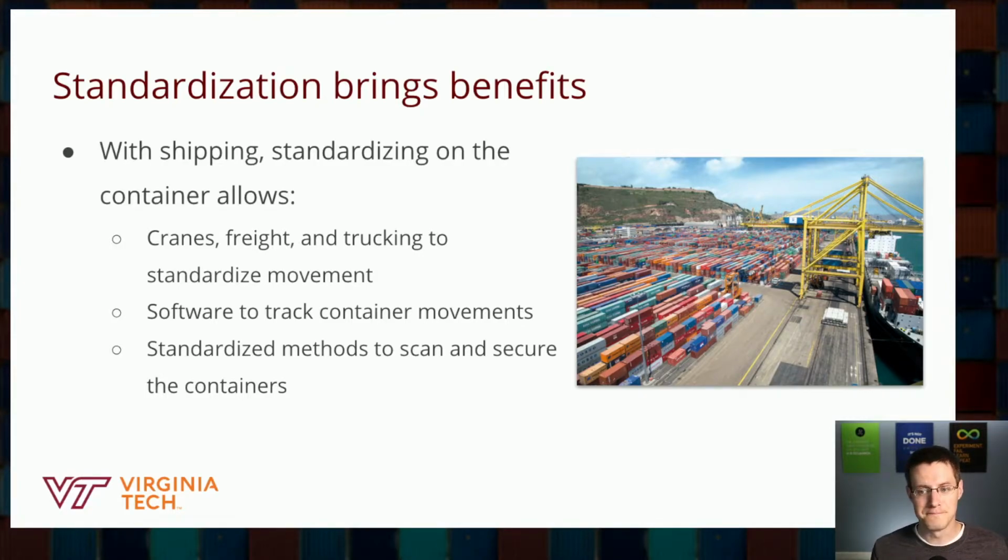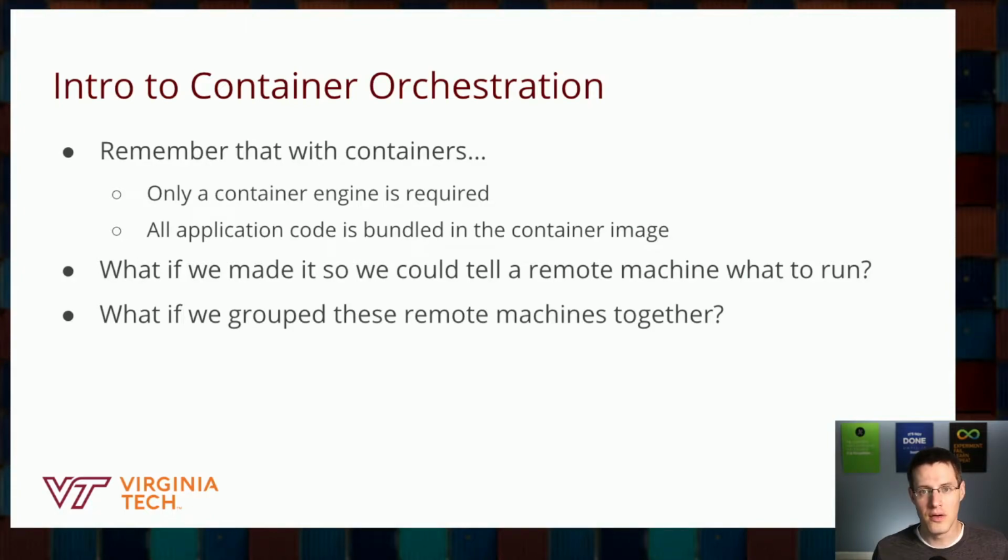They can use software to track the movements automatically: it came off the ship, went onto this truck, and moved into this part of the yard. And this standardization is what really allowed the shipping industry to take off compared to what it was in the past. Much of that is happening today with software containers.